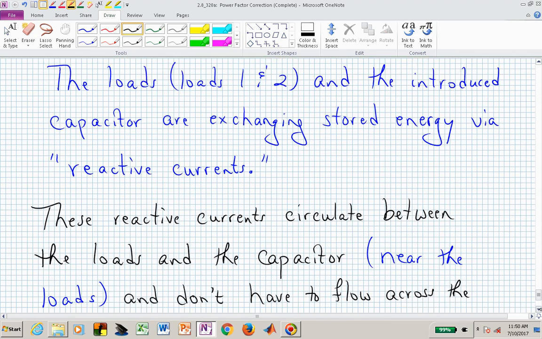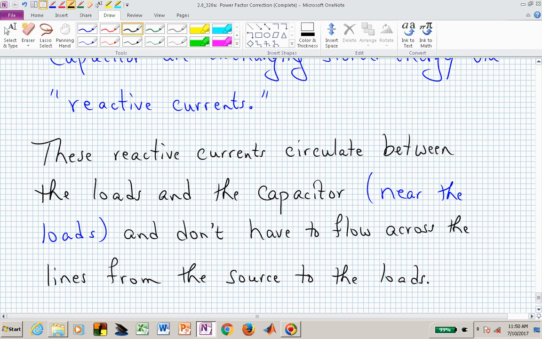Or another way of thinking of it is that these reactive currents circulate between the loads and the capacitor near the loads, and because they are able to locally exchange these reactive currents that the true loads are requiring, we don't ask as much of the source.